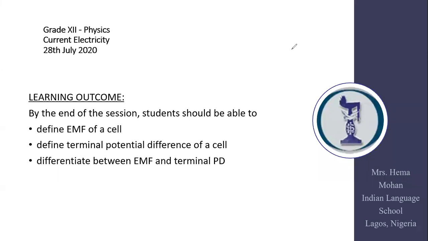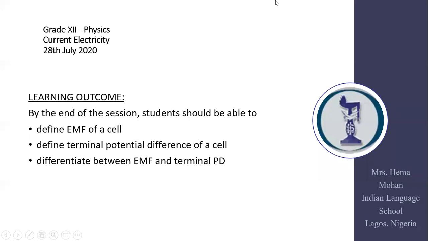Not only to define EMF, you need to understand the difference between EMF and terminal potential difference, because when I'm going to use a cell in a circuit, it is basically the potential difference that we are talking about and not the EMF. EMF is going to be the maximum PD across the cell when no current is being drawn from the cell. So I hope we have achieved these.